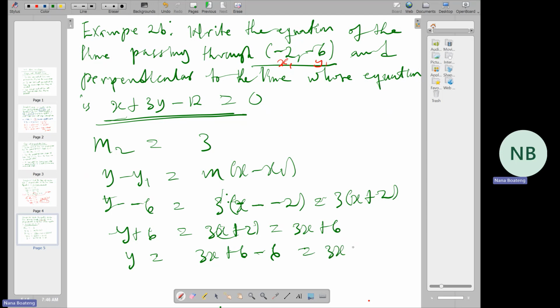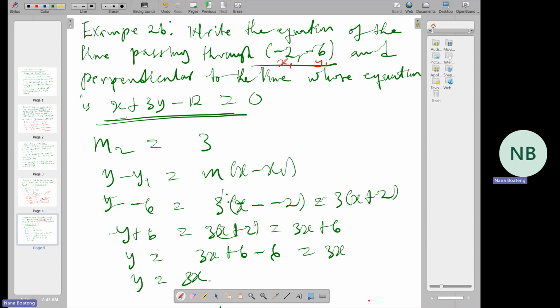So the equation of the line that is perpendicular to x plus 3y minus 12 is y is equal to 3x.